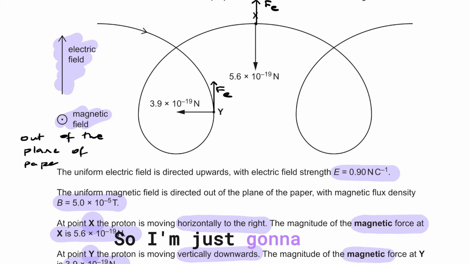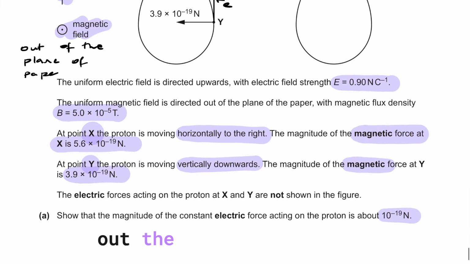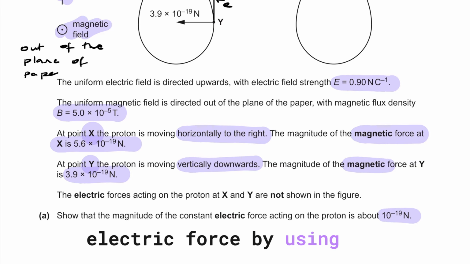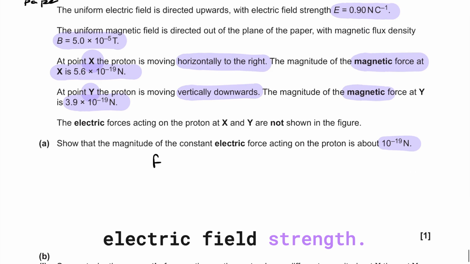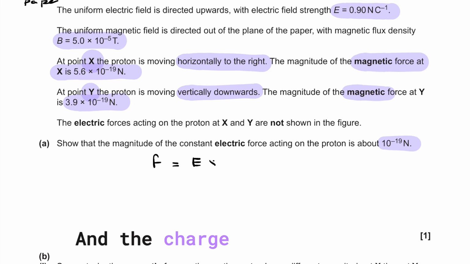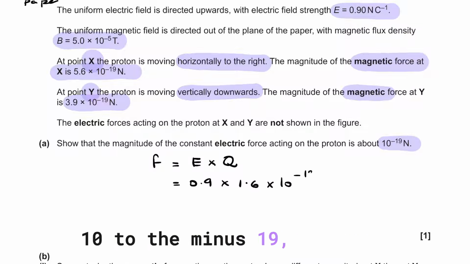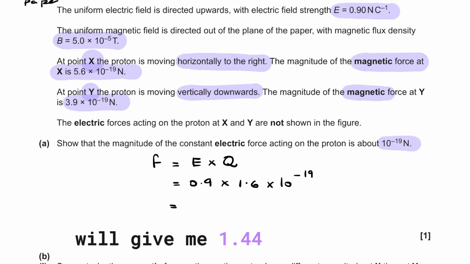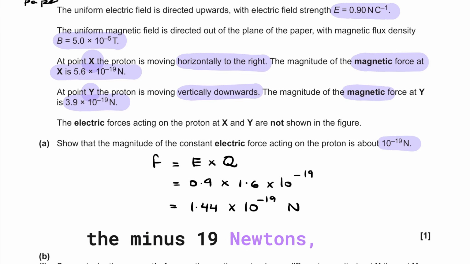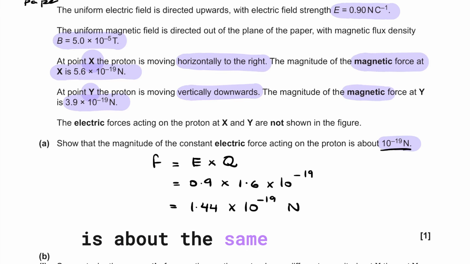So I'm just going to work out the magnitude of this electric force by using the electric field strength and the charge on the proton. So 0.9 times 1.6 times 10 to the minus 19, and that will give me 1.44 times 10 to the minus 19 newtons, which is about the same order of magnitude.